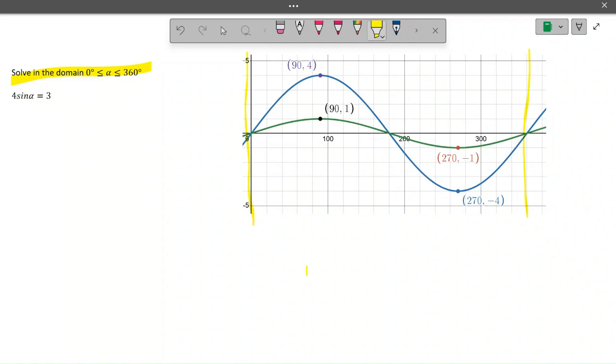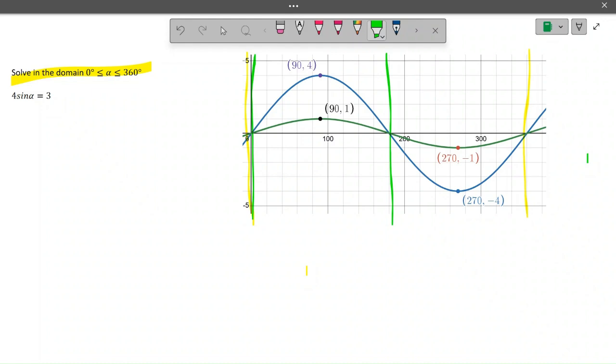I'm also noticing that I once again don't have any negative numbers, which means that I am going to have solutions that fall between 180 degrees and 0. So both of my solutions are going to fall within that 180 degree chunk of space.